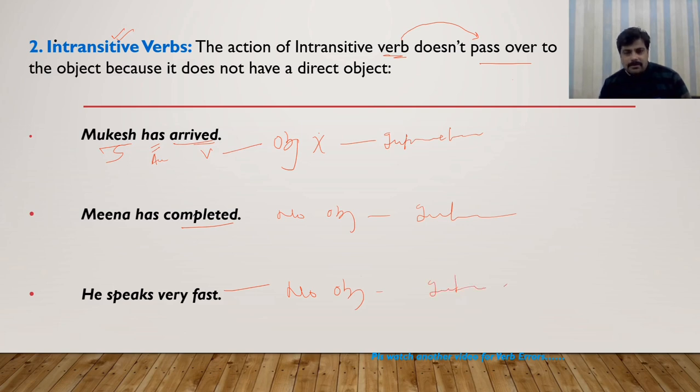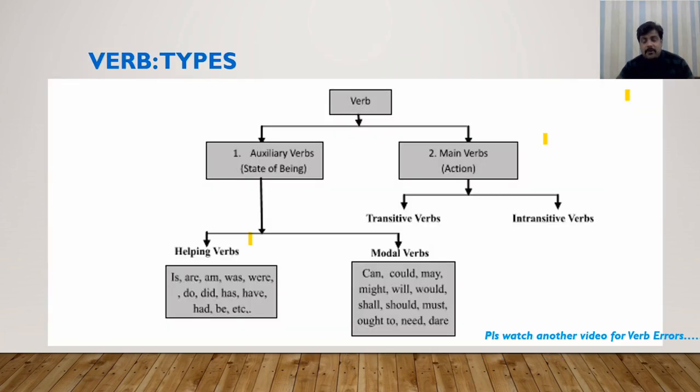So it's simple. Now let us see in brief the types of these verbs. This image can just reflect the broad description of the verb. For example, the verb may be divided into two broad categories, auxiliary and main verbs.